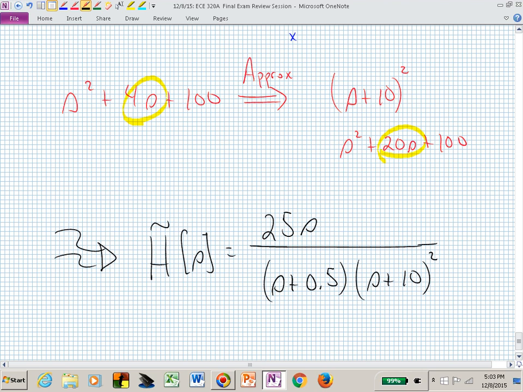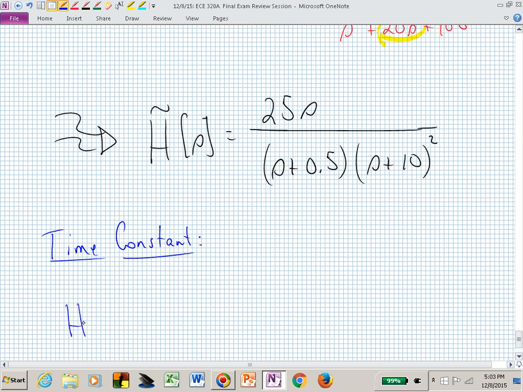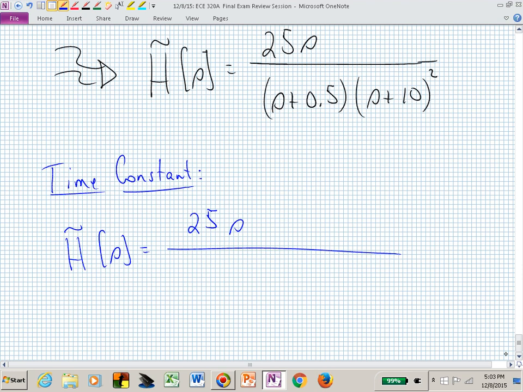And what do we need to do now to sketch this? Now you should be ready to run with sketching this. What form is this in? Pole zero form, and we need it in time constant form. If we place this now in time constant form, we don't need to change the numerator yet.